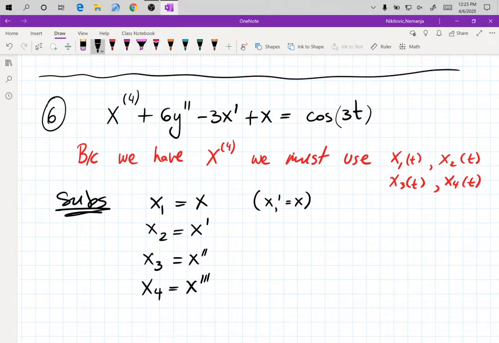So now that we have that, we can link them back to the other variables, right? So I know that x prime is x2. So from here, I will get that this is also, let's go blue, equal to x1 prime, right? Because I can differentiate this one, and then I'll just have prime equal prime, right?